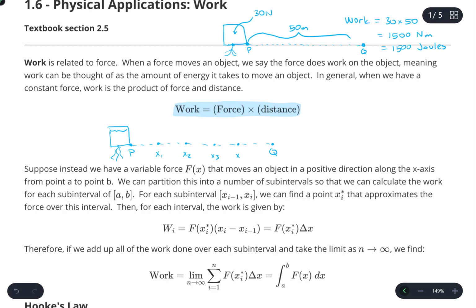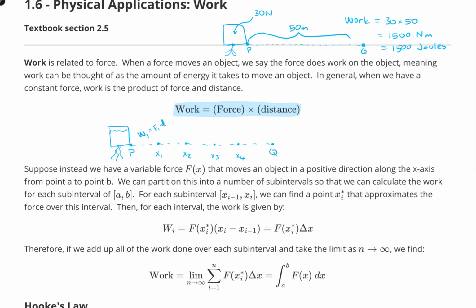So if we continue determining how much work is necessary to move from one point to the next, then what we can do is add up the work on each subinterval, because the work on this first subinterval would be the force required on that first subinterval times the distance that we traveled.